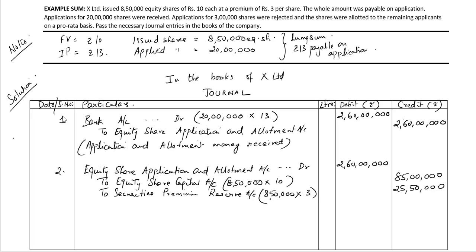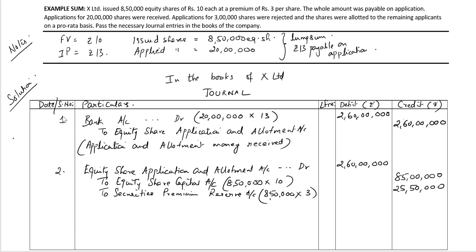Now the balance: although information is given separately for shares rejected and pro rata allotment, the entire amount is payable in lump sum, so no amount can be transferred to allotment separately.